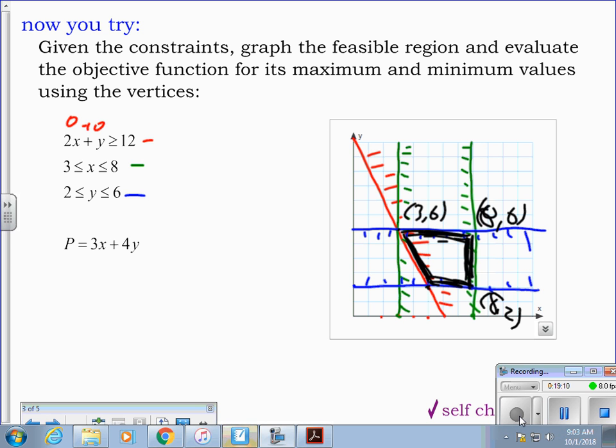And then this one here, that point right there is the point 5, 2. It's nice when you have the horizontal and the vertical lines. It makes your constraints easy. The diagonal ones are sometimes hard to read. So those are my vertices. I've got 4 of them, and I have to test all 4.